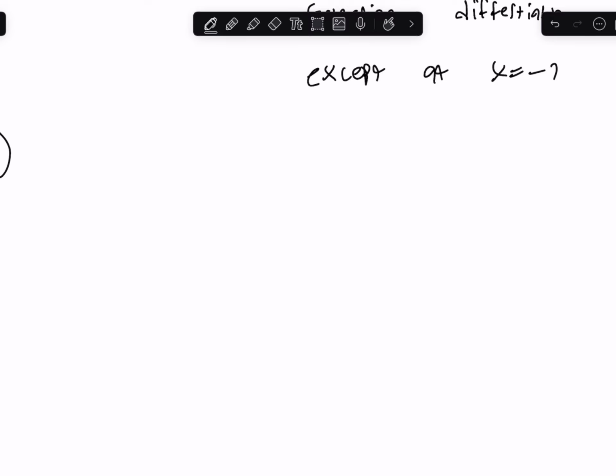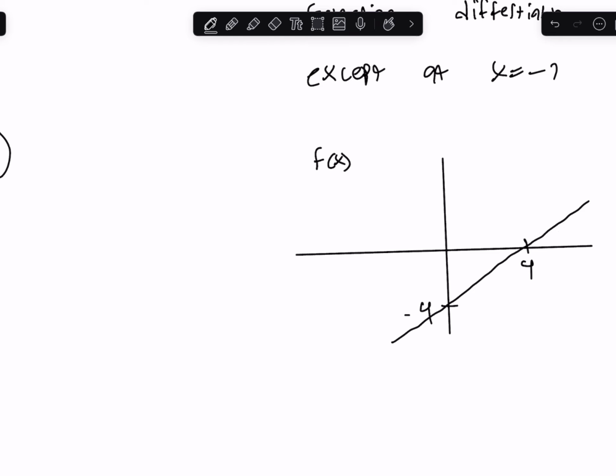All right, question 9 is asking us to find and graph f prime of x for our graph of f of x, which, let's draw our first original graph. Its y-intercept is negative 4, its x-intercept is 4.